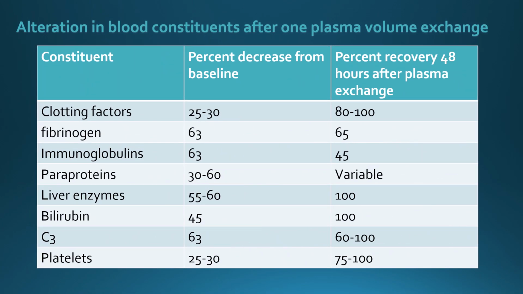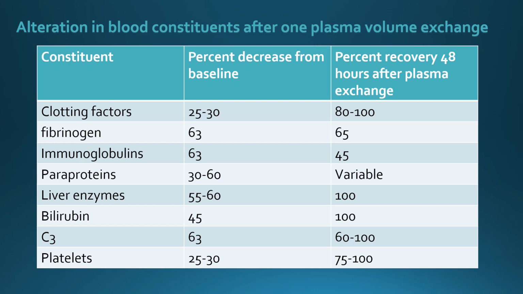Now, alteration in the blood constituents after one volume of plasma exchange. For the clotting factors, the percentage decrease from baseline is 25 to 30, whereas the recovery 48 hours after the procedure is 80 to 100%. For fibrinogen, it's 63, but recovery is 65. For immunoglobulin, again 63, but recovery is 45. For paraprotein, 30 to 60, but recovery is variable; it depends on the patient's diagnosis and other conditions.